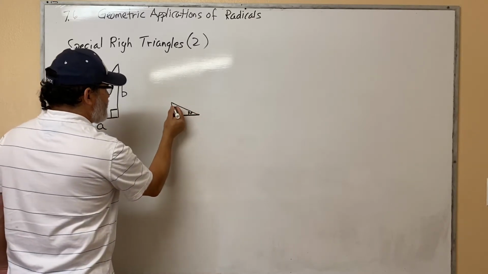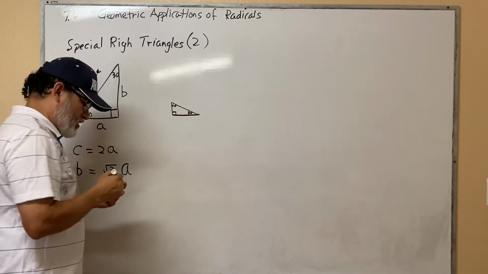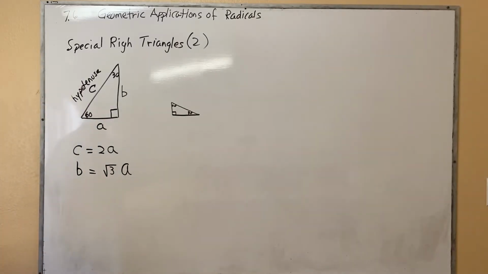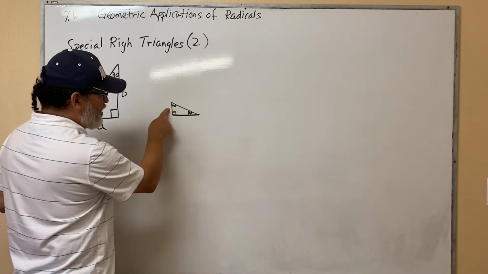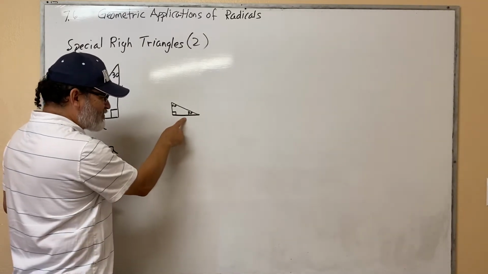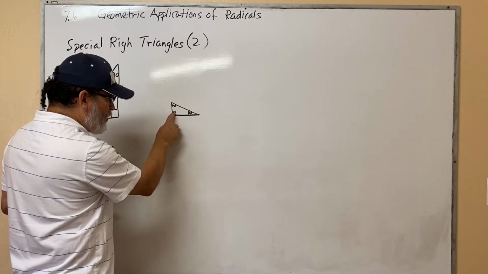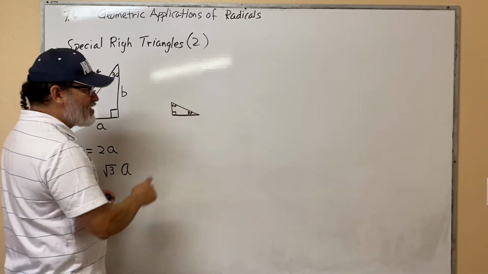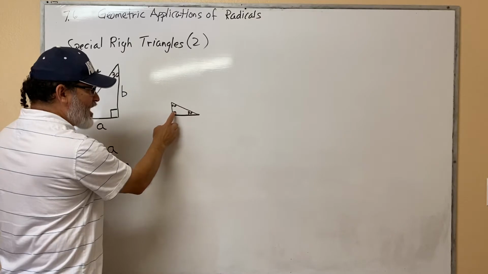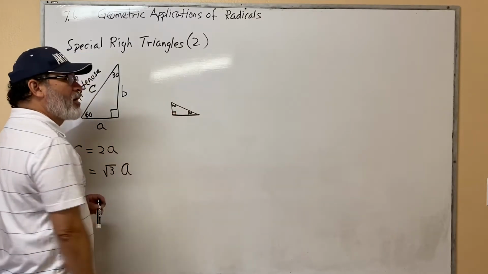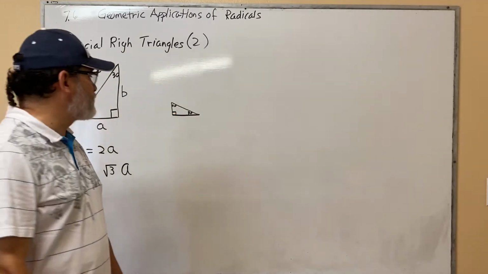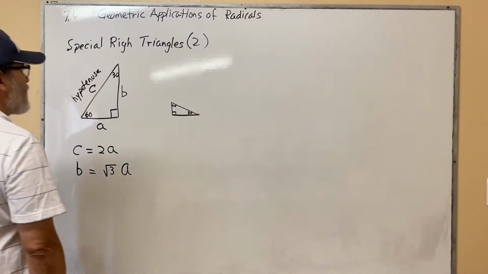This is 60. Because this is 30, this must be the short leg. This must be the long leg. And you see the side opposite the 90-degree angle? That's the hypotenuse, because it's opposite this square, 90 degrees.